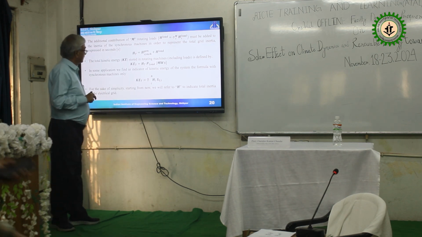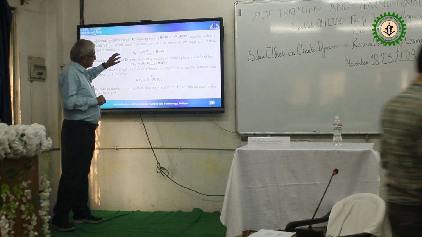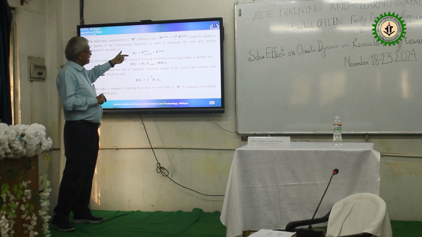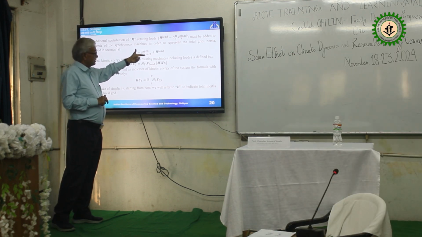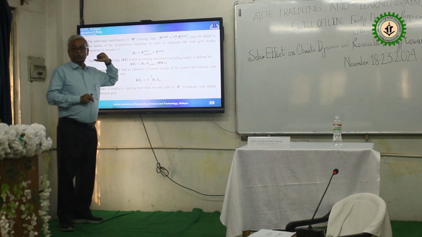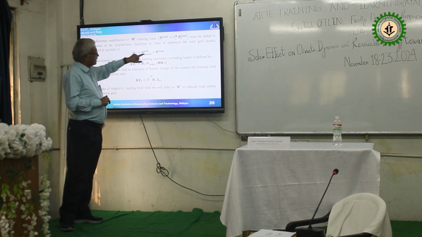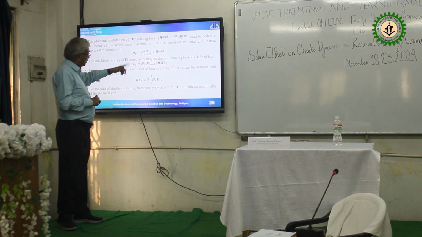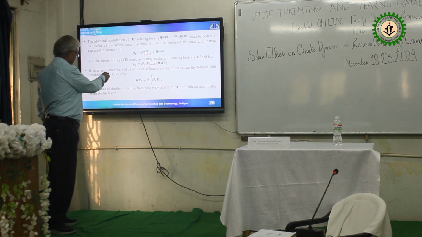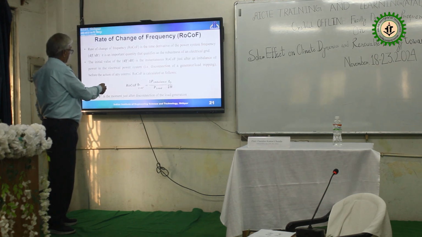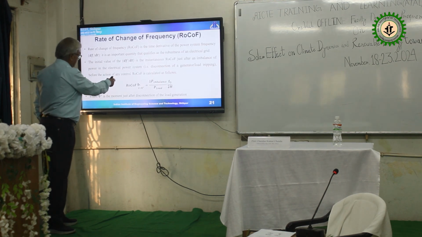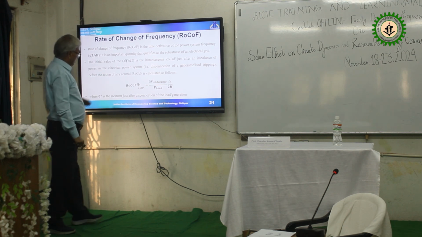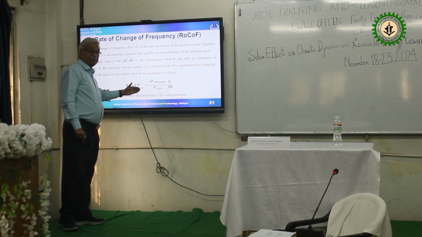So if we take the resultant H, we take H of the synchronous generators and also consider H load. Once we consider H load together with H of the synchronous generators and substitute in the original kinetic energy, then the final equation will be the equation of RoCoF at t0 plus.